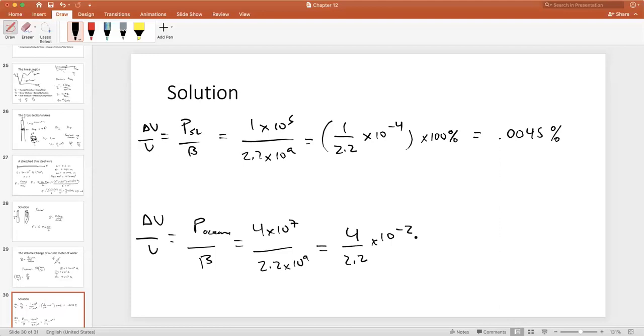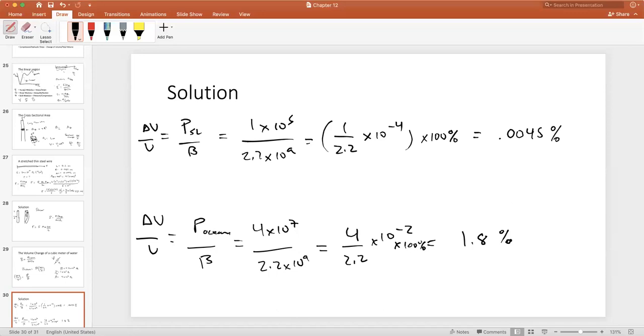So 4 divided by 2.2 times 0.01 times 100 is 1.8%. So water at the bottom of the ocean has a fractional volume change. A cubic meter of water at the bottom of the ocean has a fractional volume change of 1.8%.